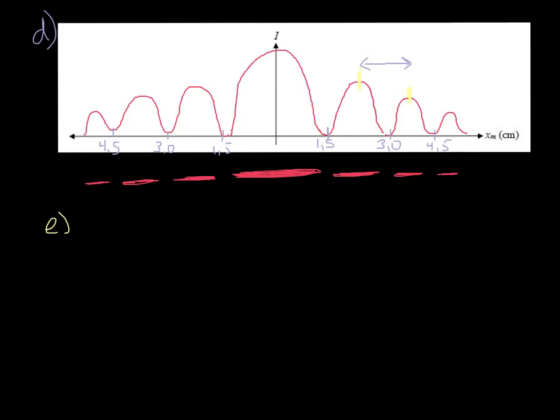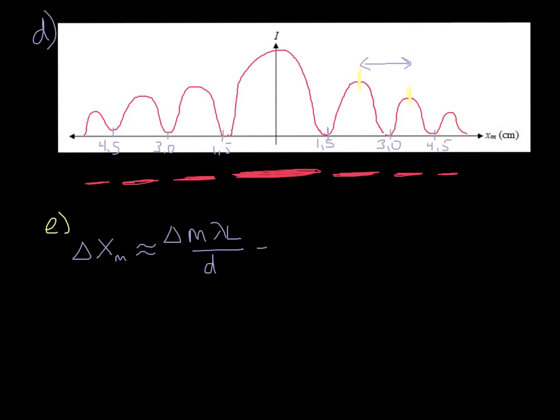So I'm going to write down the same equation we've been looking at, which is xm is approximately equal to m lambda L over d, but it's important this time to put some deltas in there because we're talking about the distance between two things. So the delta x represents the distance between two bright spots, and the delta m, in this case, is going to be two adjacent orders.